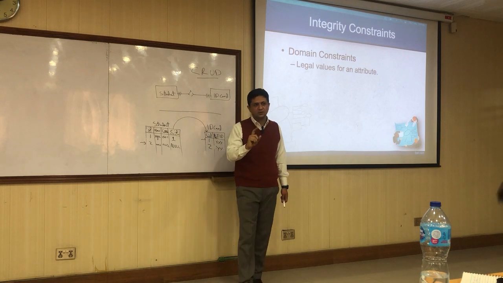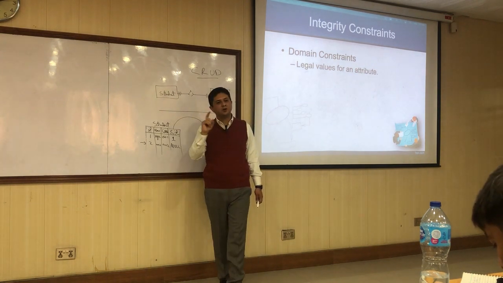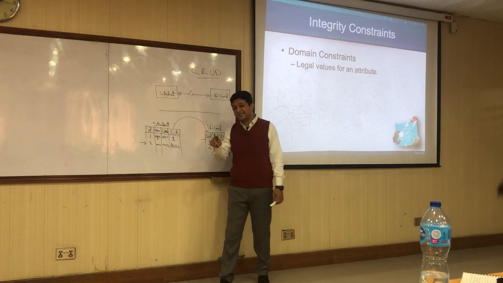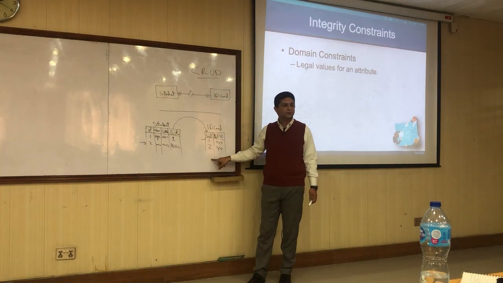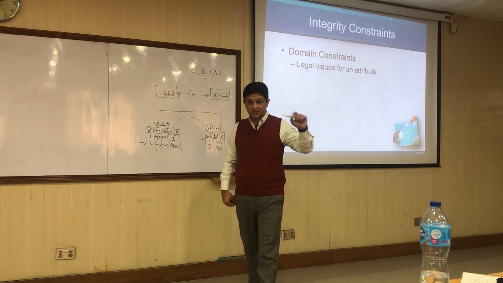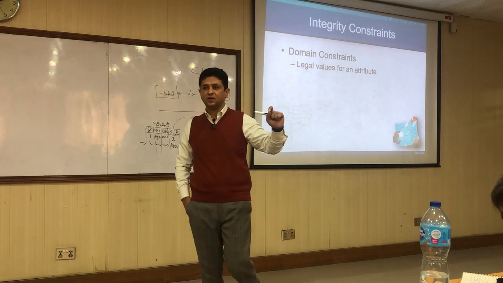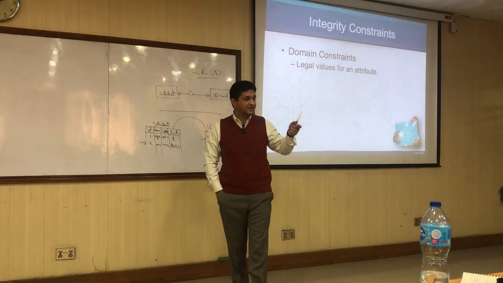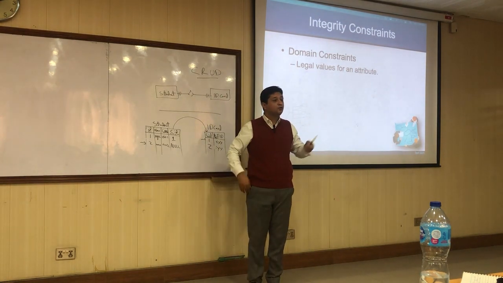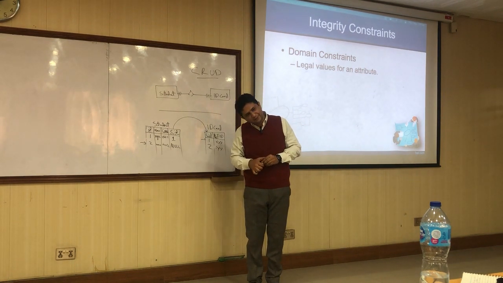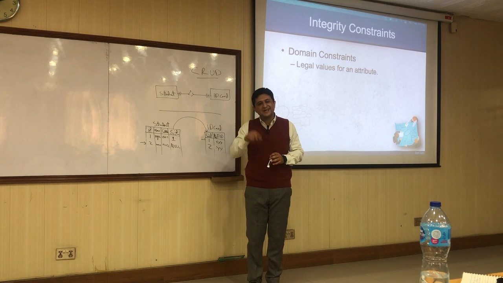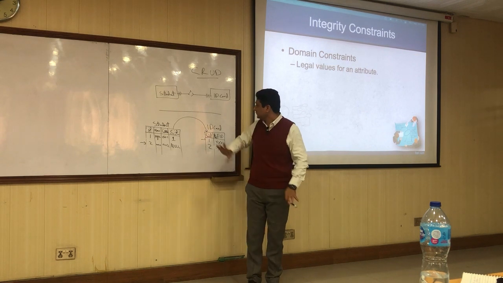We need to be careful that an irrelevant value is not added. The range for the cell would be the values of the parent side's primary key. So at the time of creation, we need to be careful that the value that is assigned to the foreign key should match with a value of the parent side's primary key.